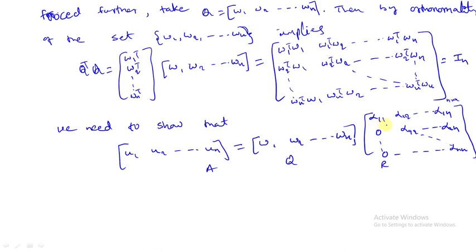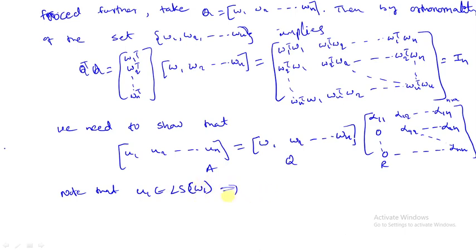Now what are the unknowns? Alpha 1 1, alpha 1 2, and so on. We need to find these. Now here A equals QR. Note that when you multiply, u1 equals w1 alpha 1 1. That means u1 belongs to the linear span of w1, where w1 is an orthonormal vector.